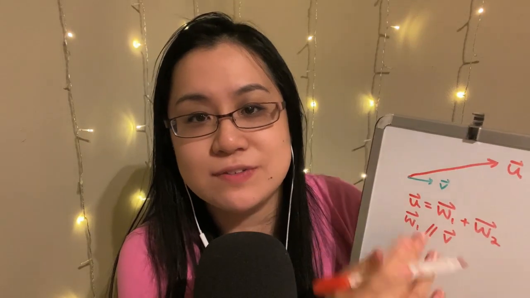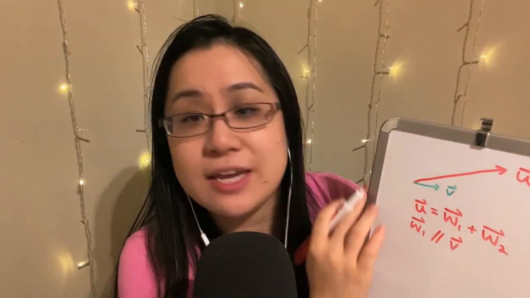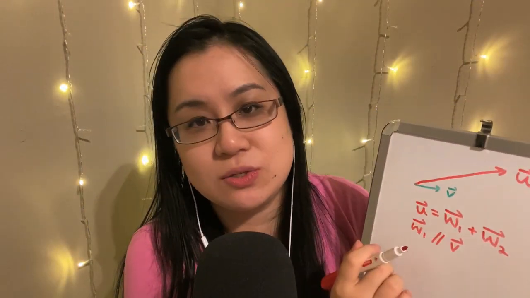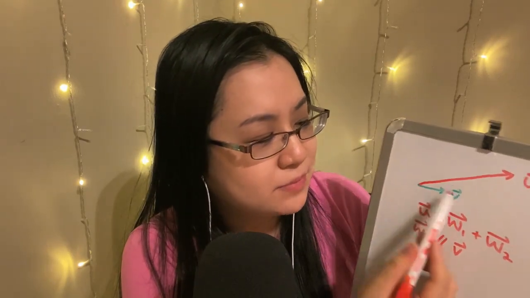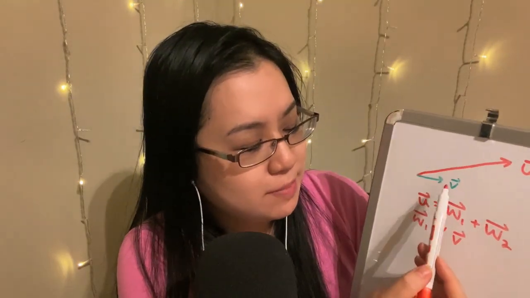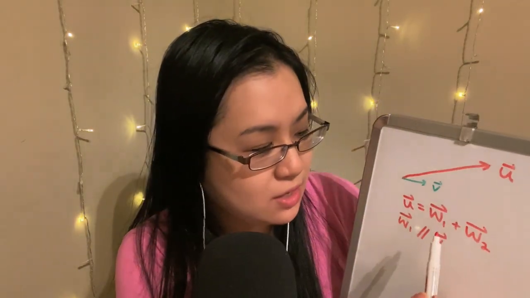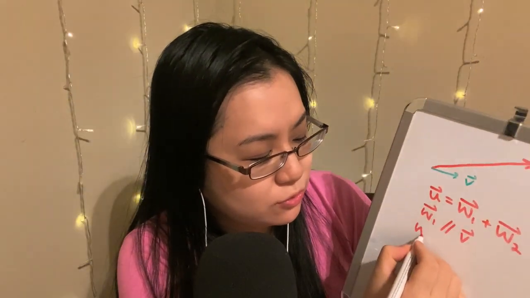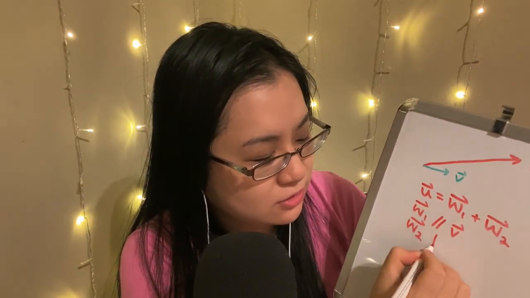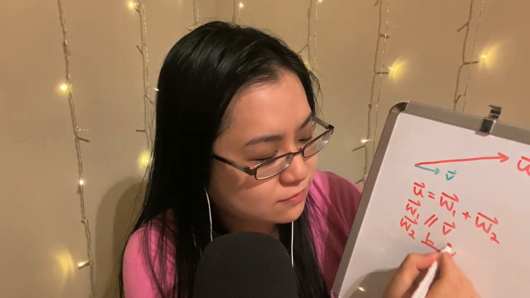So technically, if you have a negative number like negative V, it's pointing that way, it's still parallel. It's just negative of V. So basically a constant times my vector V. So W1 is going to be parallel, and W2 is going to be perpendicular to my vector V.